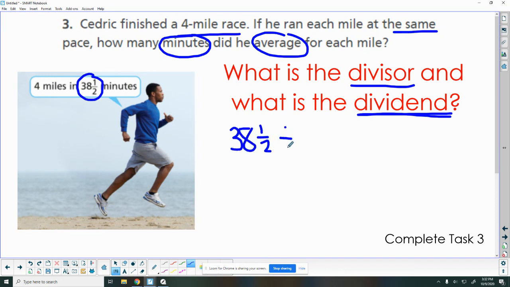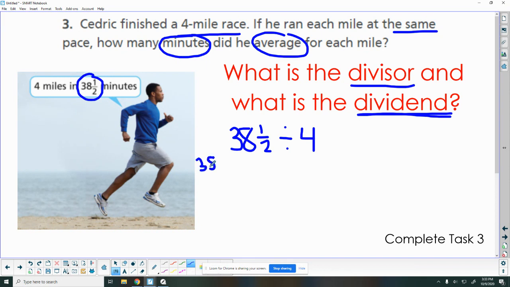And I want to divide each of these minutes into 4 equal groups to see how many minutes he ran each mile in. So I can't just do 38 divided by 4. That half is going to mess everything up. So what I need to do is see how many total pieces we have instead.